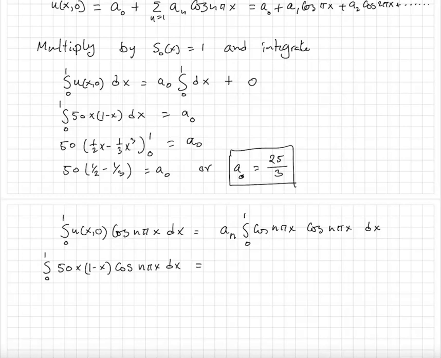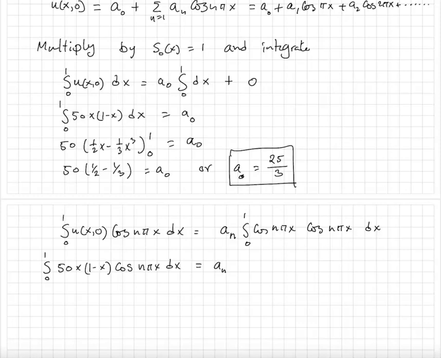On the right hand side, well, this is a very easy integral. We can use a trig identity. You see that it is cos n pi x times cos n pi x, so you can just ignore n pi and think of cos x times cos x, or cos square x. If you multiply by half, then you get 2 cos square x, and 2 cos square x is 1 plus cos 2x.